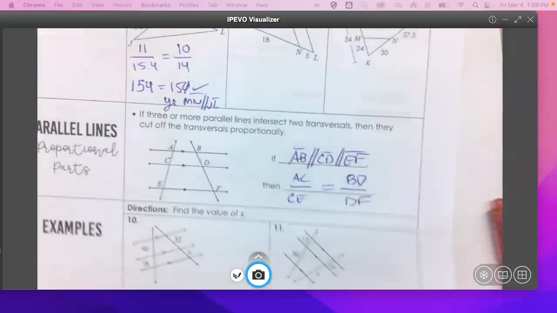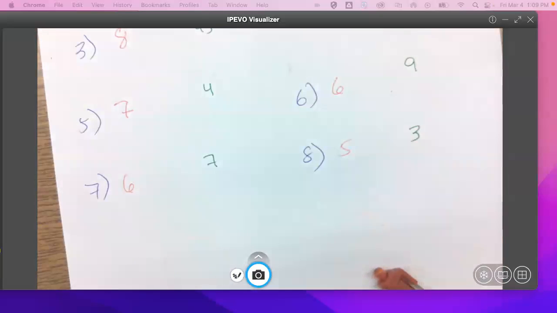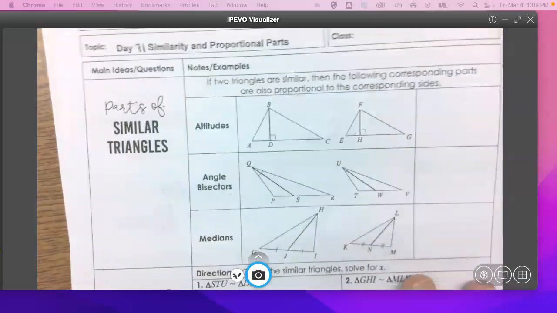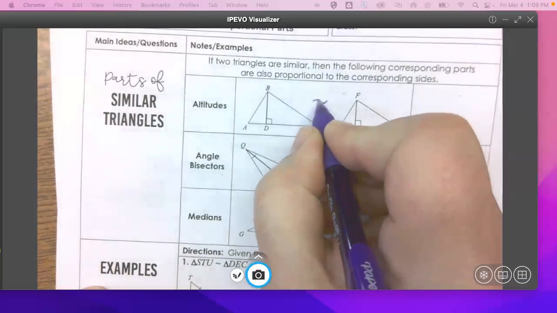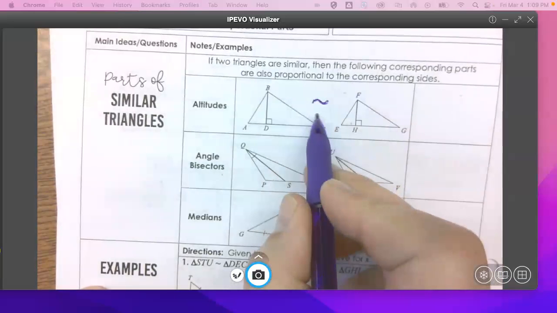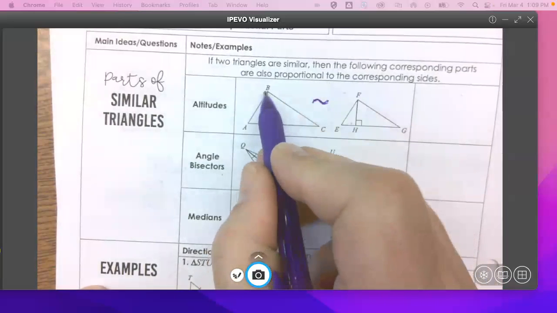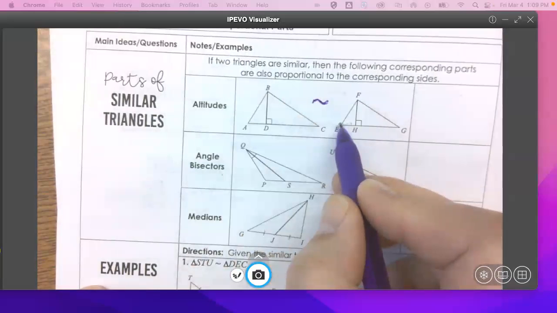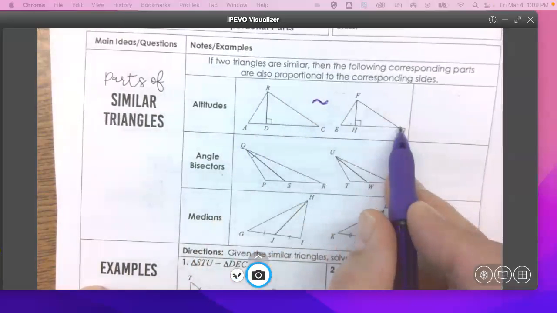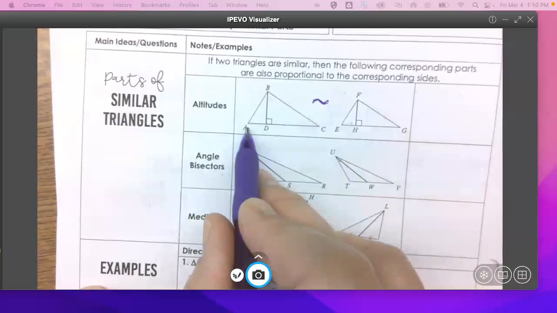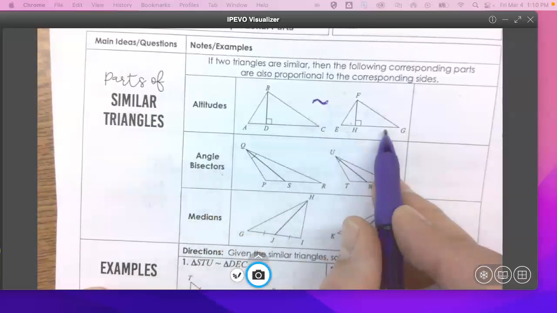One more thing to show you, back page. If 2 triangles are similar, then we know that the ratio of one pair of corresponding sides would be equal to the ratio of a second pair of corresponding sides, would be equal to the ratio of the third pair of corresponding sides.